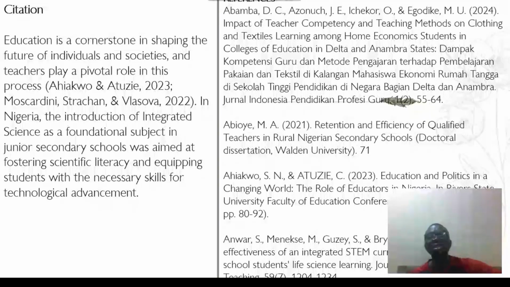These are the academic works that have been cited, and you list their references. The references give the full details of the citation that has been made in the body of the project. And you can see the references here. You can see Abamba, you can see Abioye, you can see Hapo.